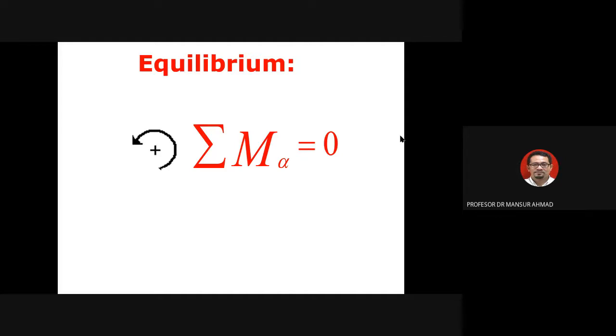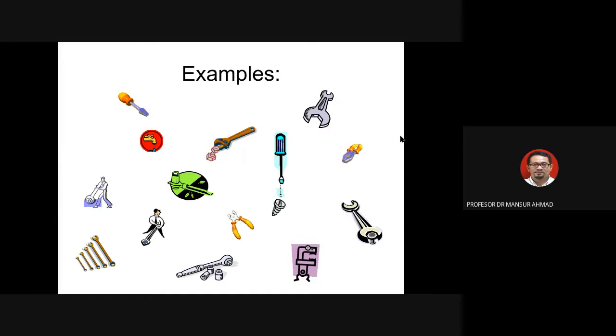Okay, we proceed. Okay, this is an example of the real thing, when you apply moment. For example, here using tools yang biasa you jumpa, spanner mati kan, screwdriver, spanner hidup, yeah.